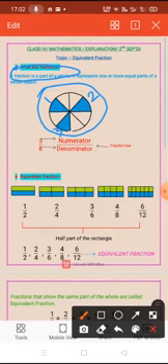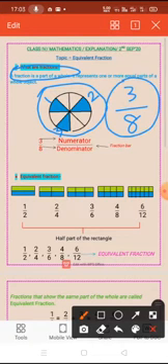At first I need to write the total number of pieces. How many pieces are there? Yes, 8. So 8 I am writing at the bottom, and the number of pieces that I have eaten, that is 3, I am writing on the top. So this is the fractional representation of the amount I have eaten.